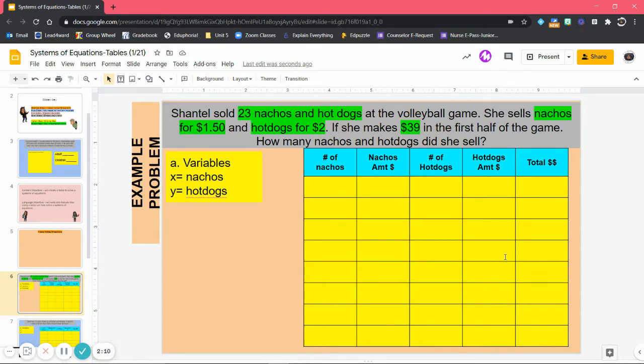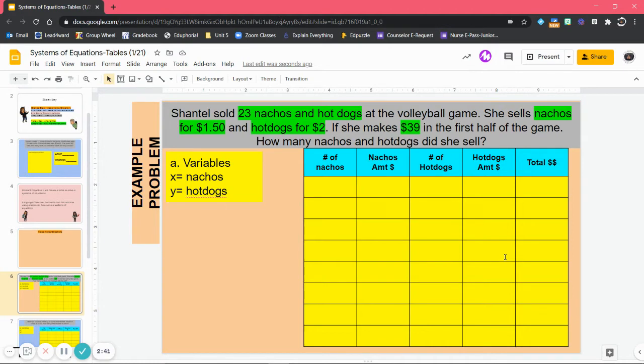Okay, so we're going to use this table here that's been created to figure out the possible combinations of hot dogs and nachos. I know that there's 23 in total. Probably one of the best combinations to start off with is to split them half and half. Half of 23 is about 11 and 12.